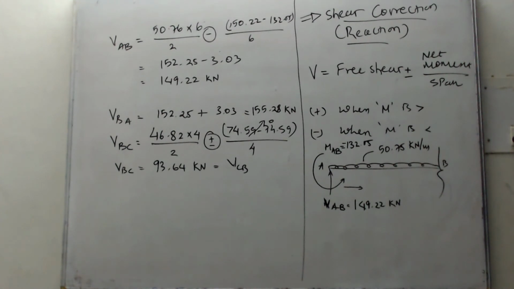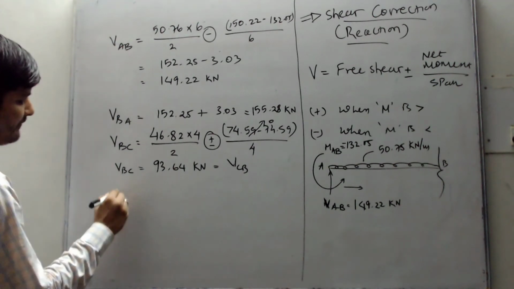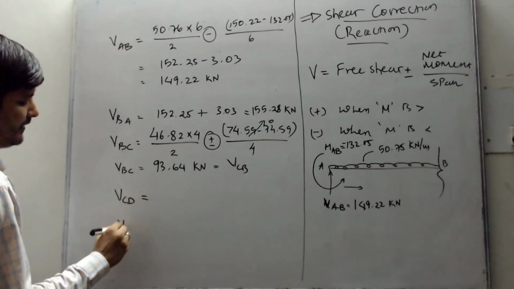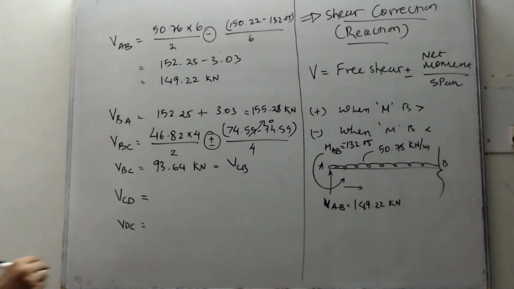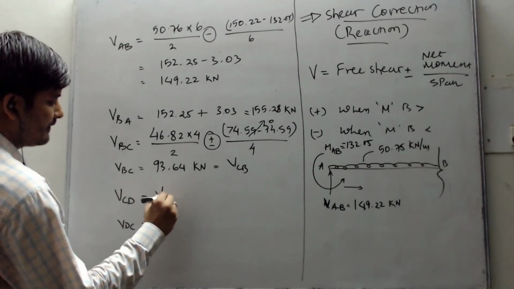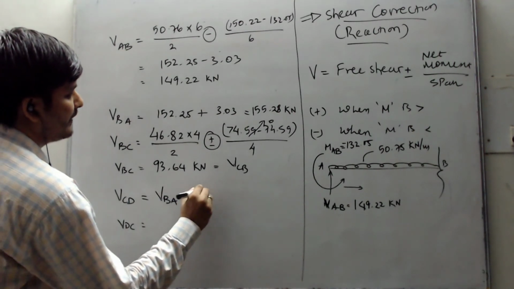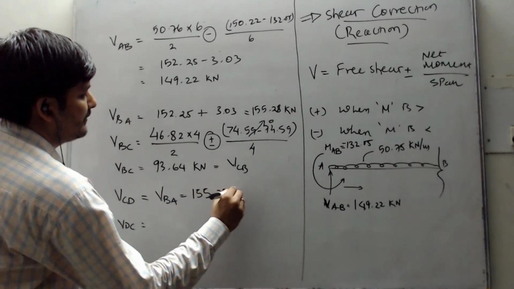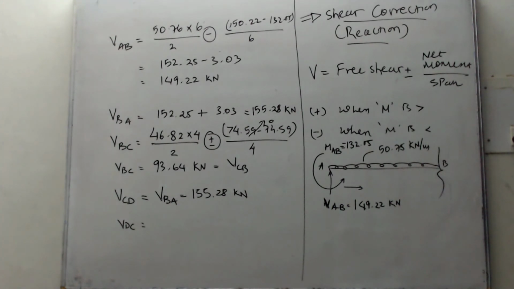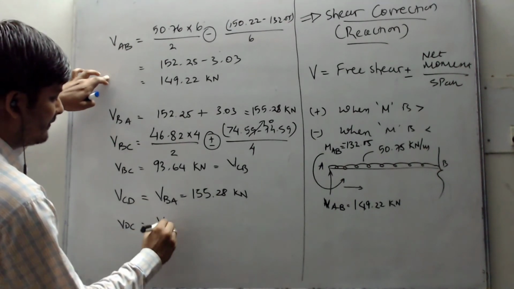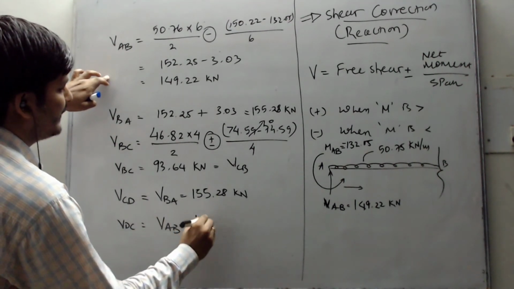And last point, VCD and VDC. Again we need to refer to our substitute frame. So VCD is equal to VBA, which is 155.28 kilonewton, and VDC will be equal to VAB, 149.22 kilonewton.